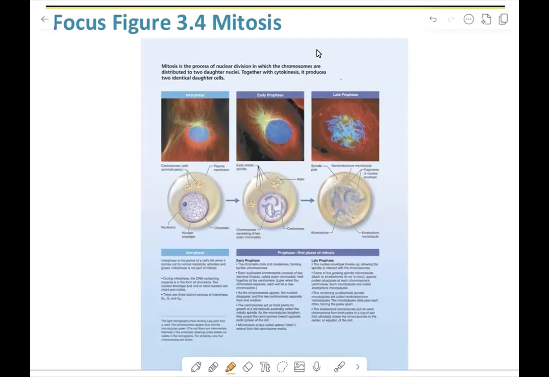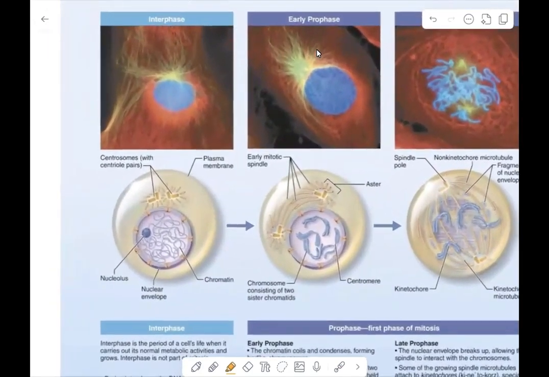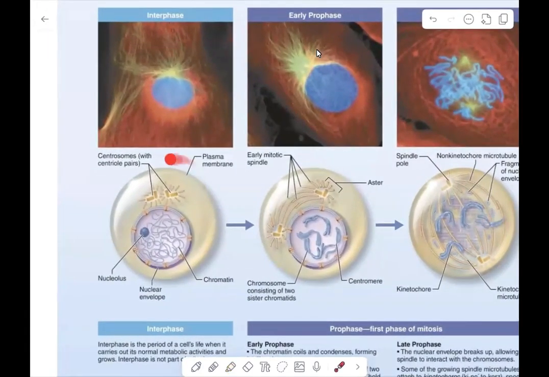So mitosis is the process of nuclear division, in which chromosomes are distributed to two new daughter cells. After these four phases occur, cytokinesis happens, and that's the division of the cytoplasm. So during interphase, this is what we would see.